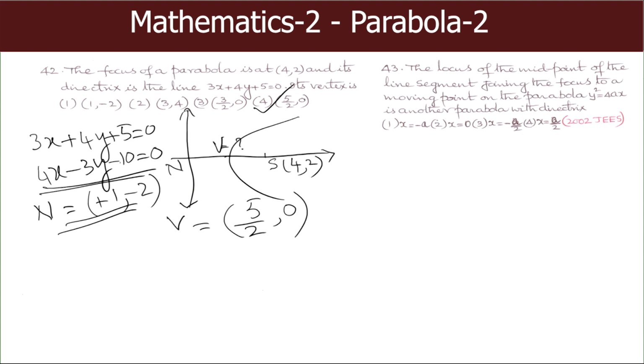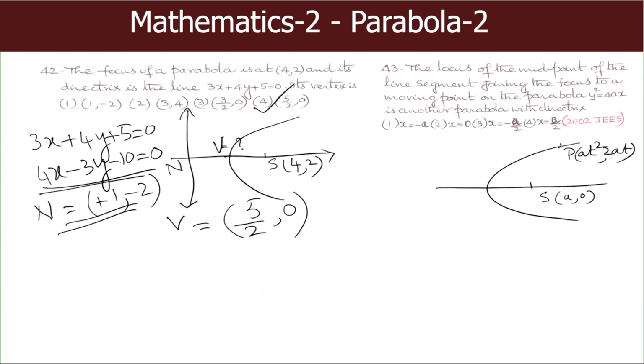The locus of the midpoint of the line segment joining the focus to a moving point on the parabola y square equal to 4x is another parabola with the directrix at... (2002 joint entrance screening). Locus of the midpoint of the line segment joining the focus S, which is (a, 0), and a moving point P (at², 2at).